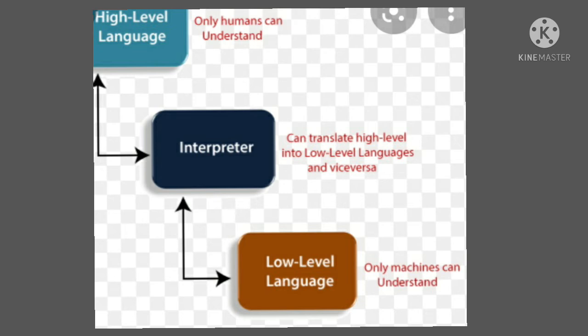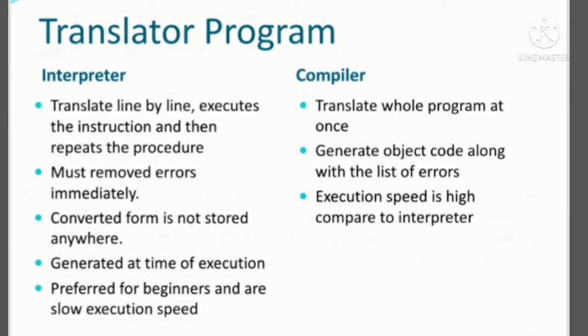Whenever there is an error in one line, it has to be removed immediately. And the translated program is not stored anywhere, it is only generated at the time of execution. That's why it has slow execution speed, and it is generally preferred for beginners.